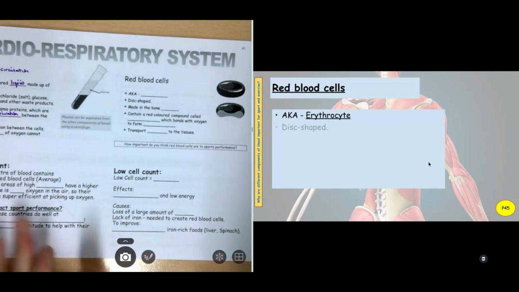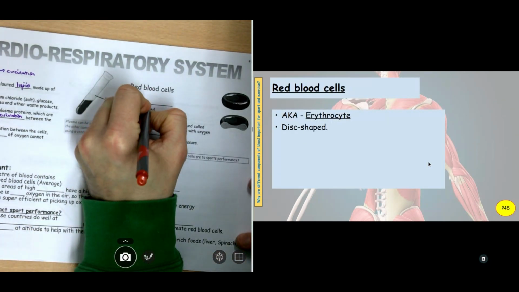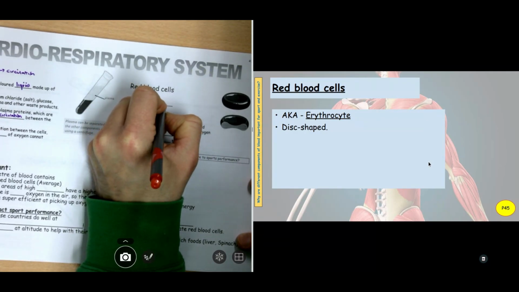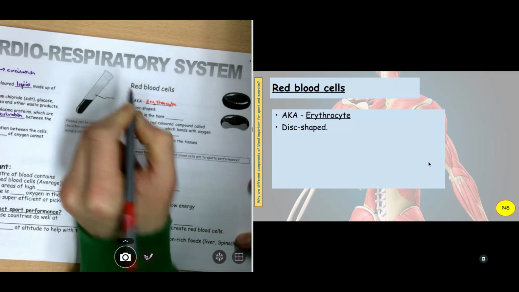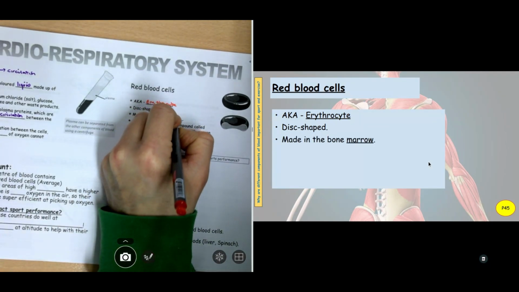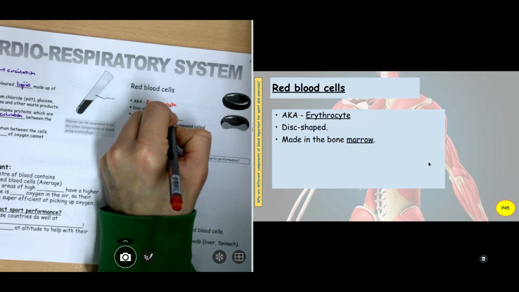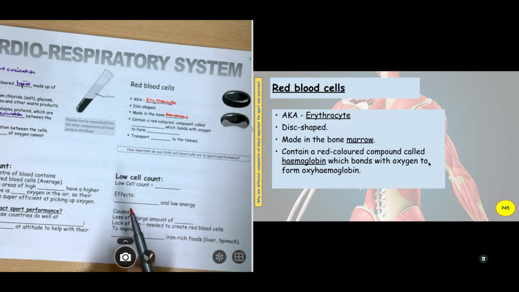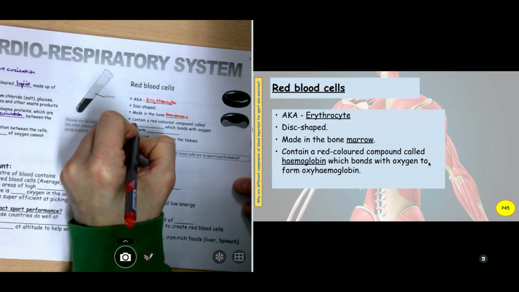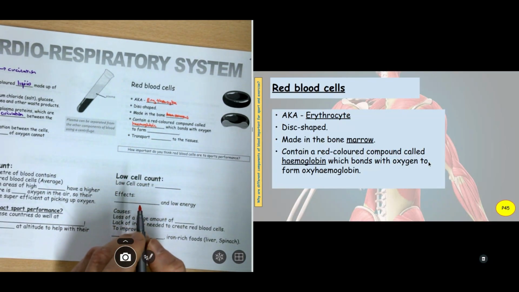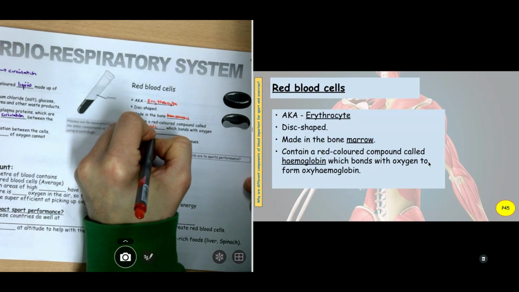Next, red blood cells just on the other side. They're sometimes called erythrocytes. Make sure I spell that right. They're disc shaped. They're made in the bone marrow, so linked to the skeletal system. They contain a red coloured compound called hemoglobin, which bonds with oxygen to form oxyhemoglobin.